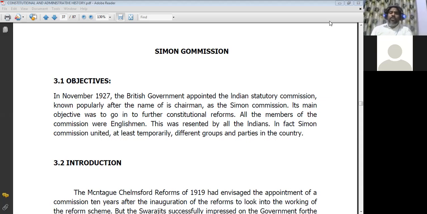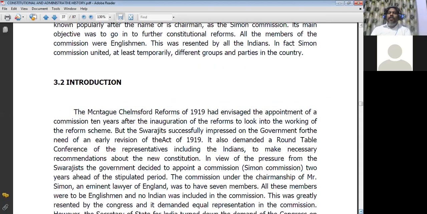Okay, so the Montagu-Chelmsford reforms of 1919 had envisaged the appointment of a commission 10 years after the inauguration of the reforms to look into the working of the reform scheme. But the members of the Swaraj Party successfully impressed on the government the need for an early revision of the Act of 1919.